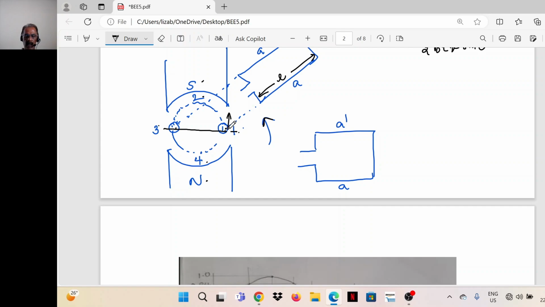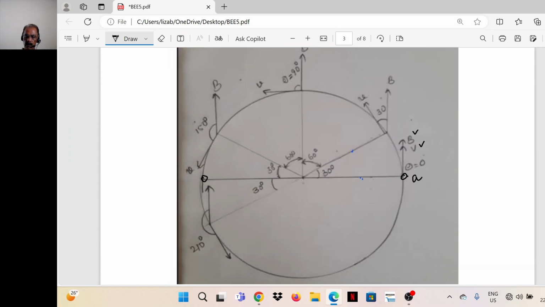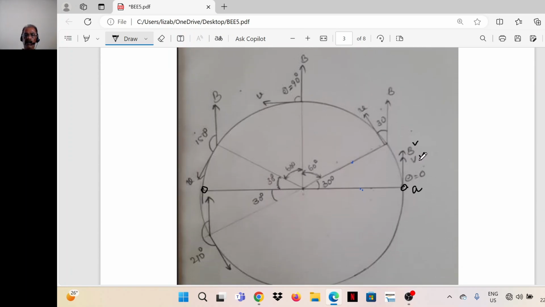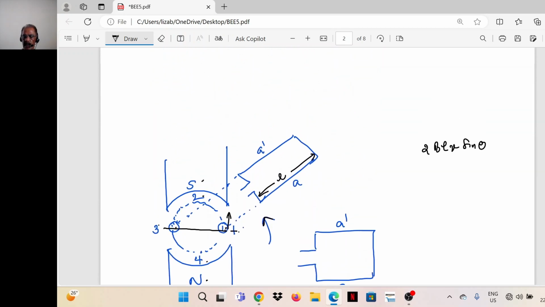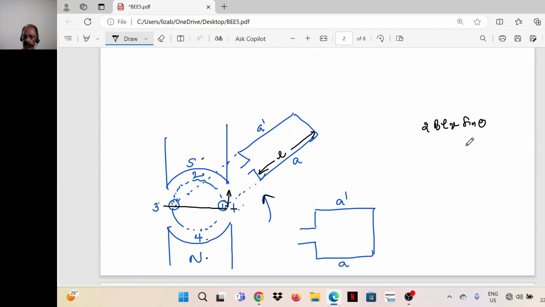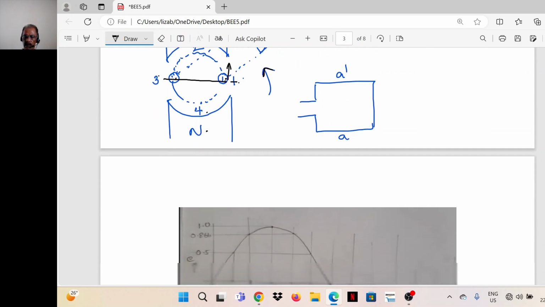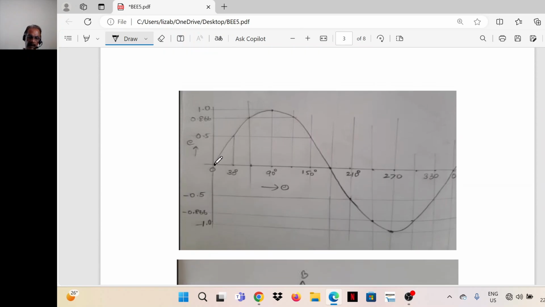Also, conductor A is moving up, so the velocity vector has the same direction. The flux density vector and velocity vector are both in the same direction at this position, so theta is equal to 0. So the induced EMF in the coil is 2BLV sin theta, and since theta is 0, the induced EMF is 0. This is the induced EMF in position 1.